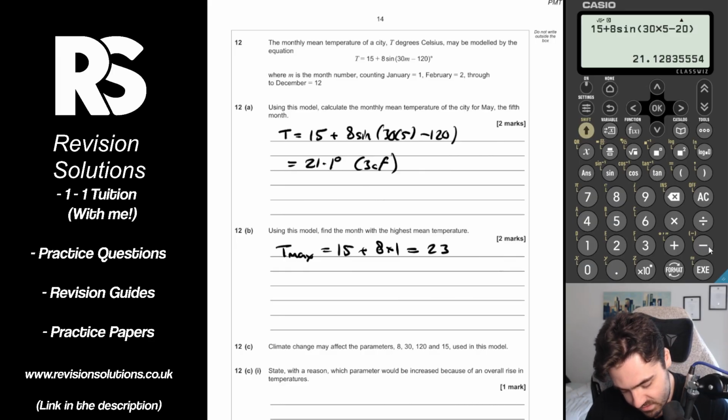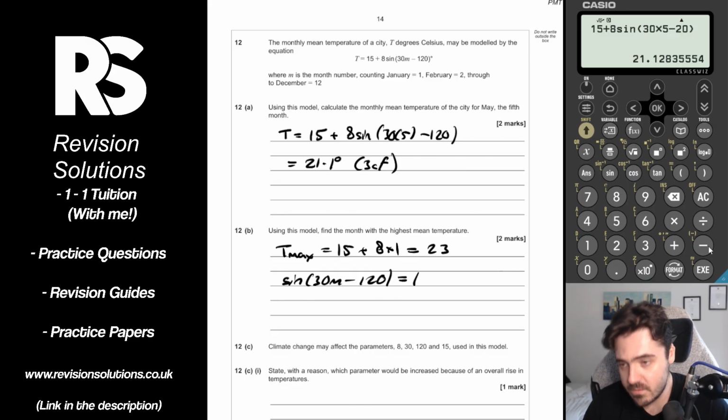So if we think about where that came from, we could set T to 23, or we could just realize that came from when sine of 30m minus 120 needs to equal 1. So if we do inverse sine, that happens on the regular sine graph. Oops, sorry. 30m minus 120, sine of that equals 1 on the regular sine graph for 90 degrees.